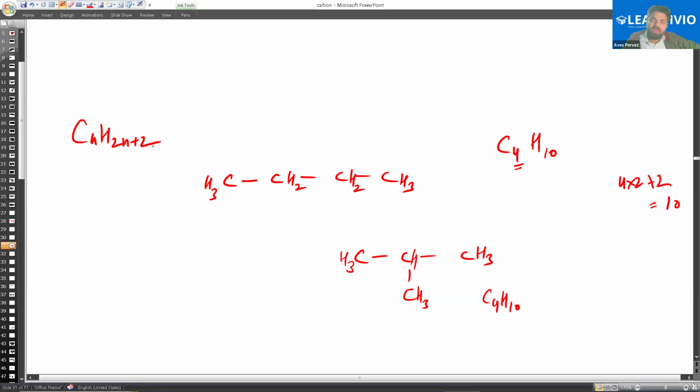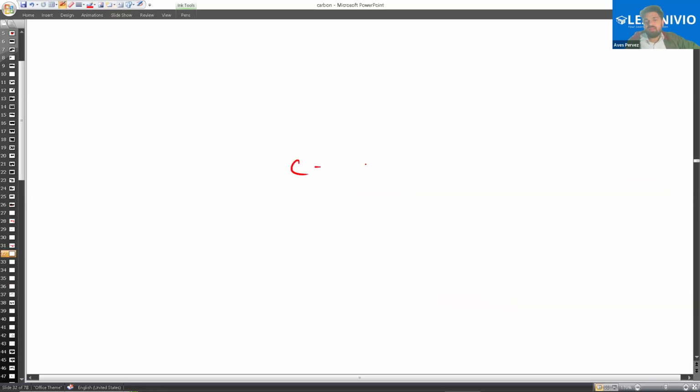But what about the same formula in a ring? If I have 4 carbons like this, it is still a chain, not a ring, because there is no bond here. This carbon will make 3 bonds, this carbon will also make 3 bonds, and these will make 2 bonds.